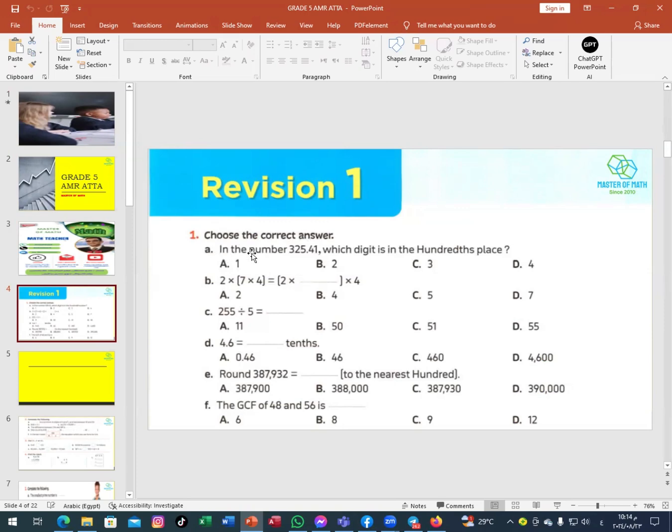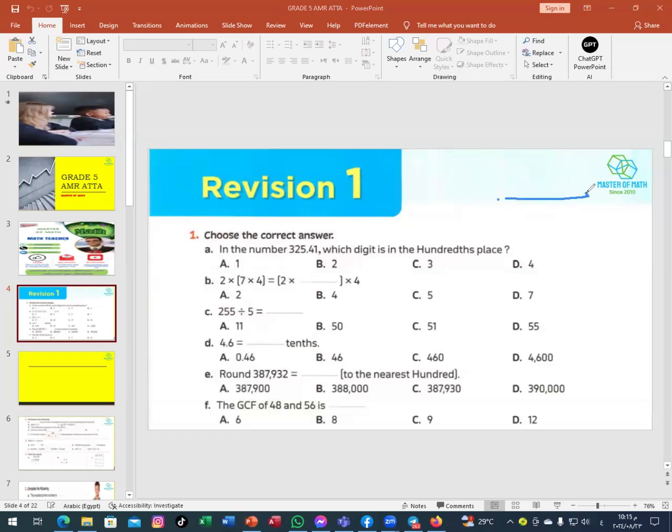A. In the number 325.4100, which digit is in the hundredths place? When we remember decimal numbers, we know about the decimal point.